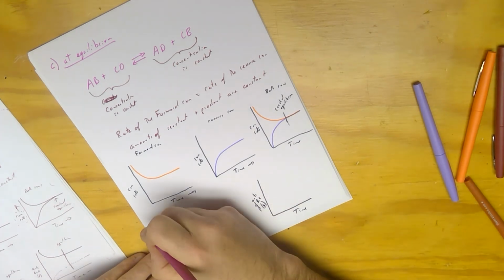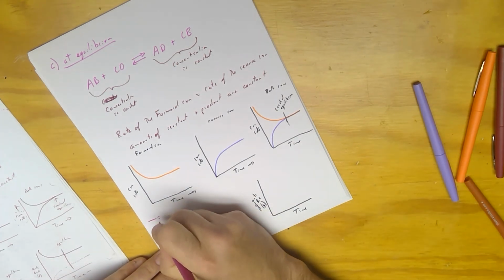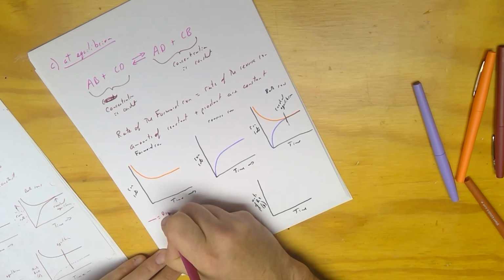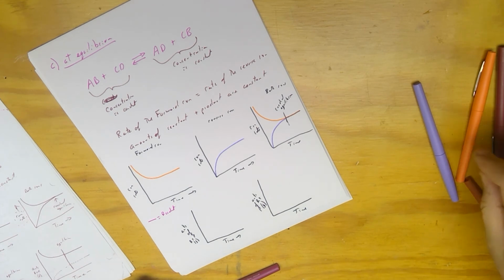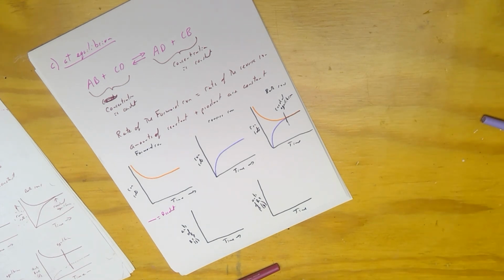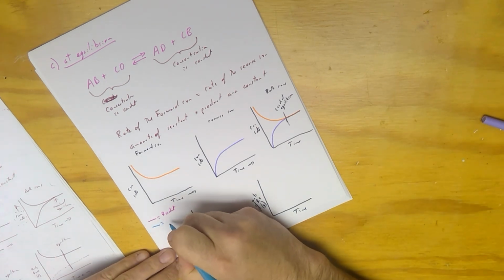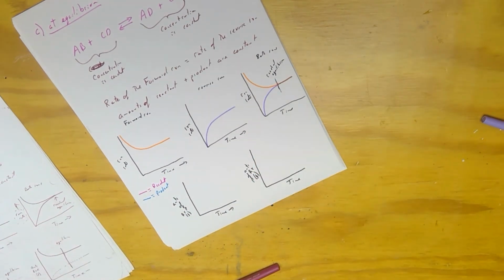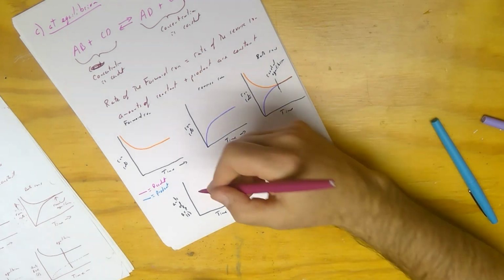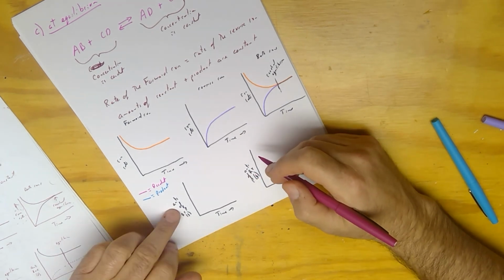So I'm going to say this color is reactant. And I'm going to say, let's use blue. This color is product. Well, over time, what happens to the amount of reactant?